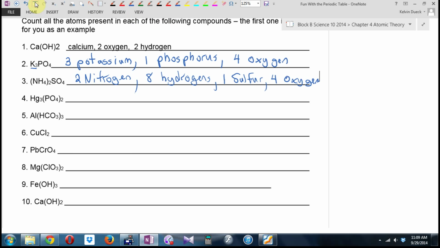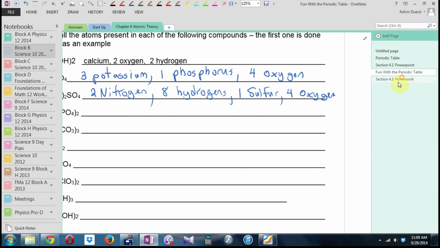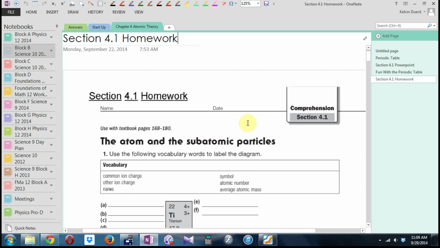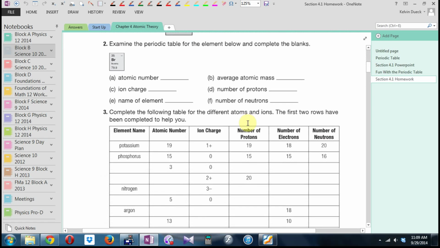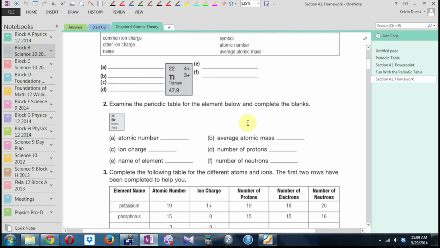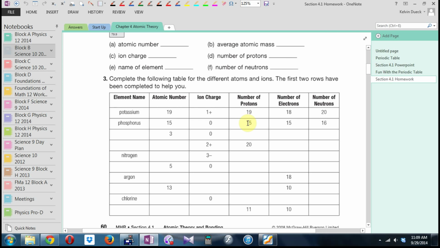And if you finish this in class, the sheet I gave you called Section 4.1 Homework, you can't do all of it, but you should be able to do the top half of the first page. You should be able to do number 1 and number 2, and you might be able to do number 3. So you can try that if you want, but otherwise you can also just bring that back, and next class we'll pick up with this. So for sure, try the single sheet for Wednesday and the other one.